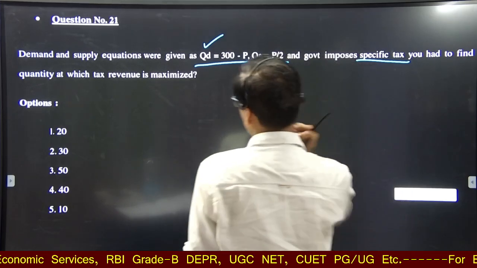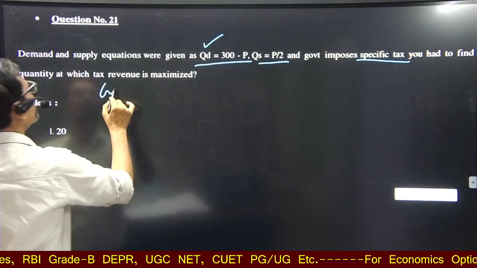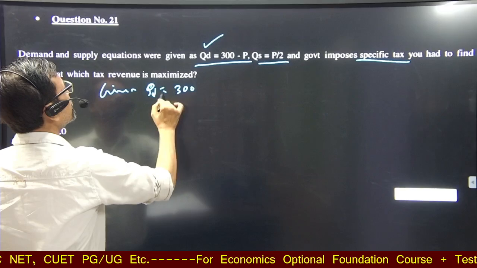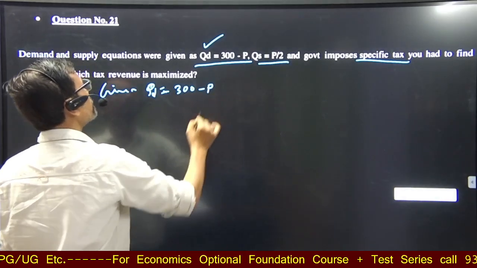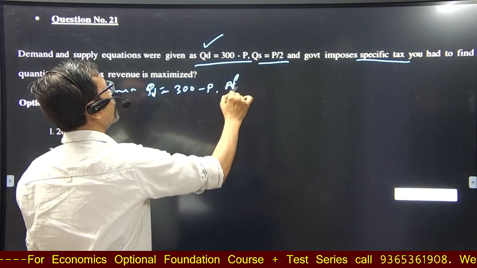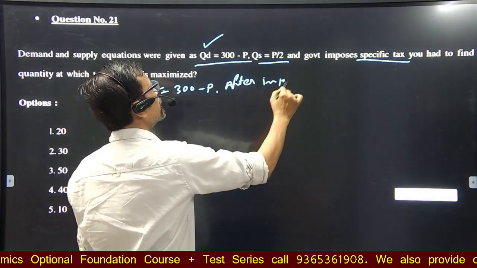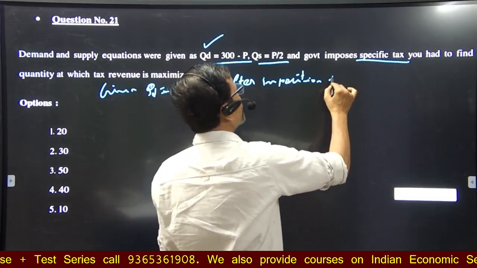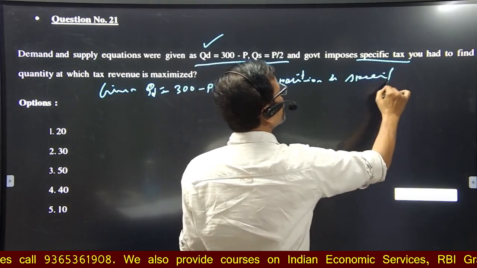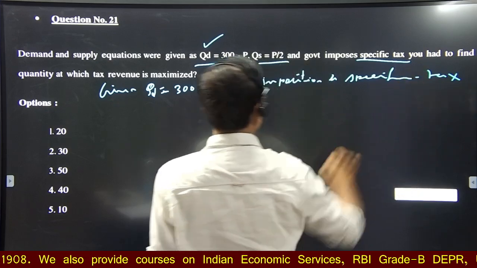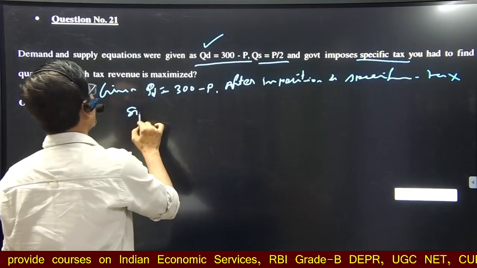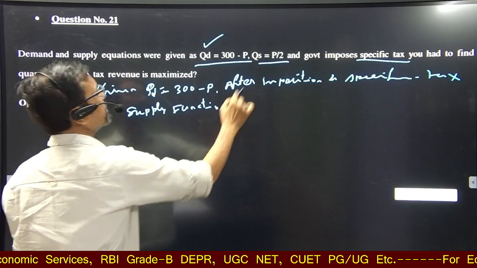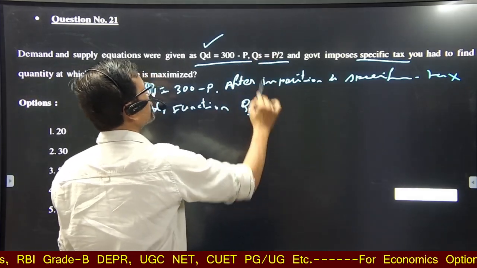The demand function is 300 minus P. After imposition of a specific tax, the supply function becomes, the original supply function is given as QS is equal to P by 2.